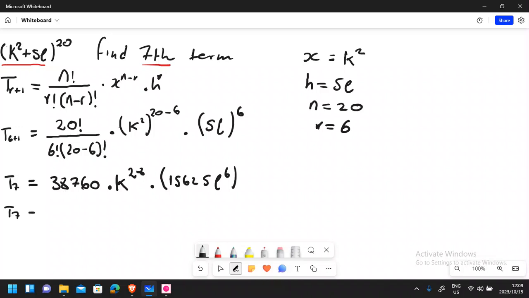That is your answer. When you multiply everything, remember you're going to multiply this 38760 with 15625, and then you're going to get this big number here, guys. It's a very huge number, but don't let it scare you. It's just a number that has lots of digits. So you have k to the power of 28 multiplied by L to the power of 6.